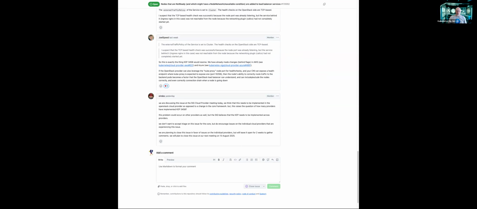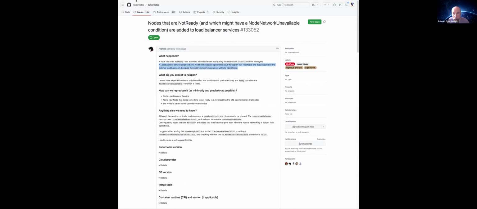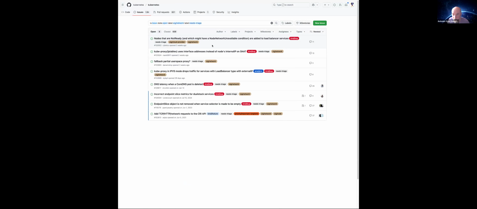We've done a bunch of work around the node life cycle with regard to the health checks. I'm not sure if they're using it. But let me find the other one, because now I don't know if both are the same.